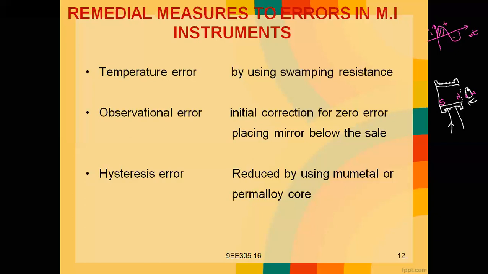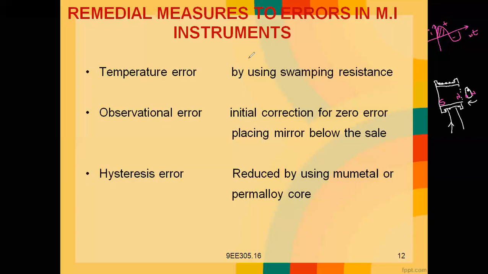For a positive alternation, that means for the current direction shown here, we had north pole induced here and south pole produced here. Because of that, we had some polarity developed in the vane. Here we had south pole and here we had north pole. And south and north are unlike poles, so the vane is getting attracted towards the coil.